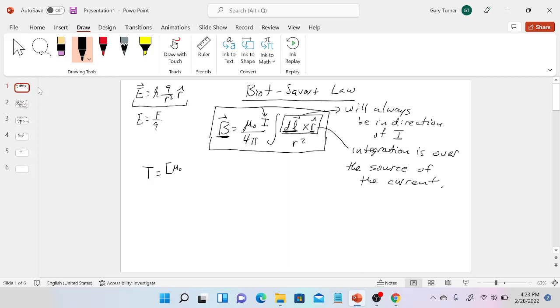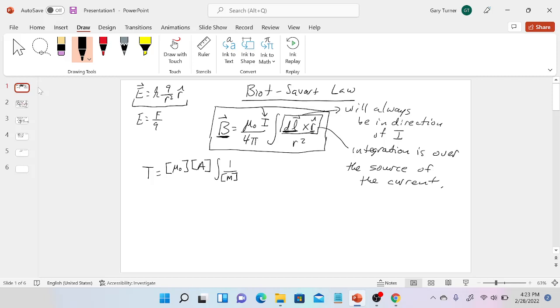We want to find the units on mu. The current is in amps, and we have a distance divided by a distance squared, the integral of 1 over meters.